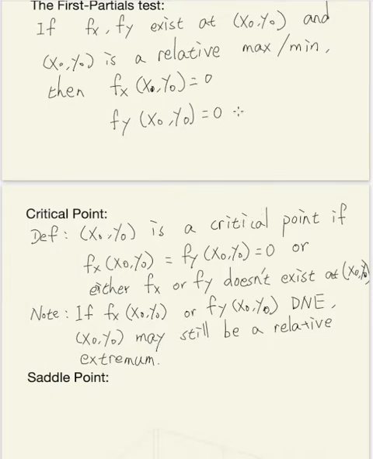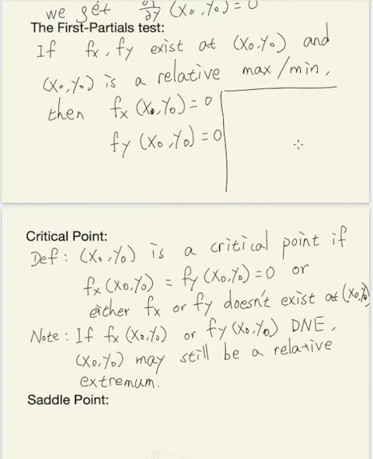Okay, let me give an example here. Imagine that you have a three-dimensional coordinate axis like this, and you have a pyramid on it. How do we draw a pyramid here?